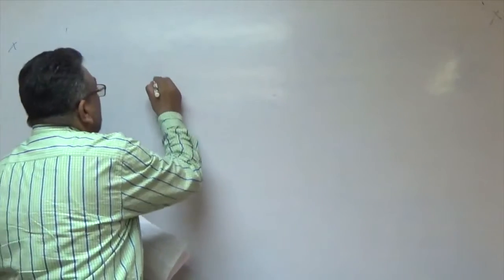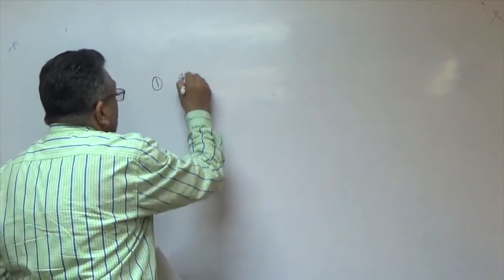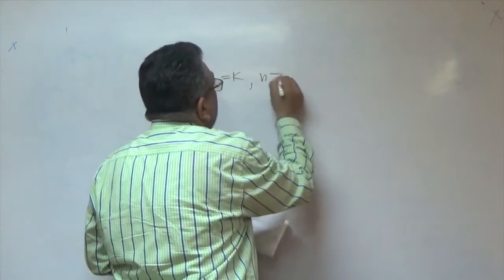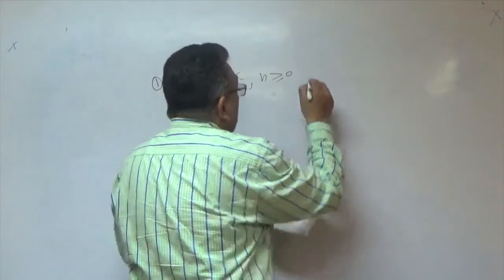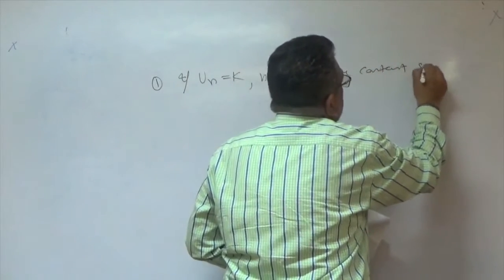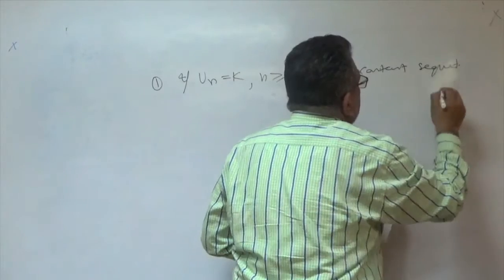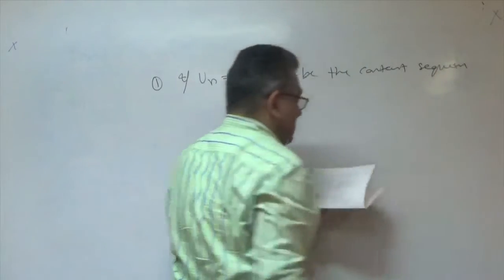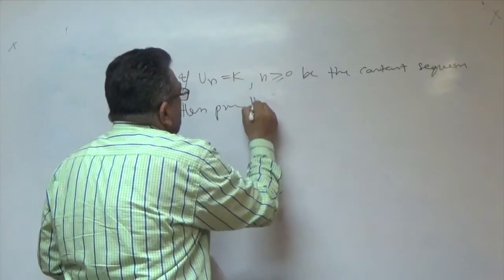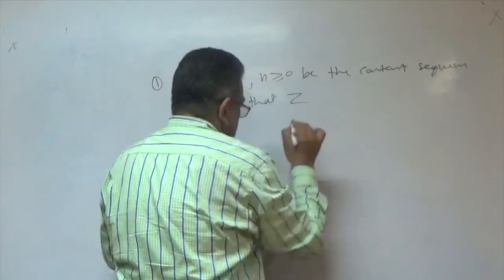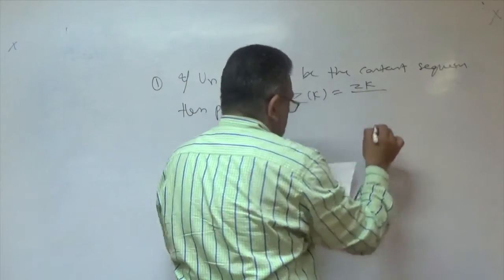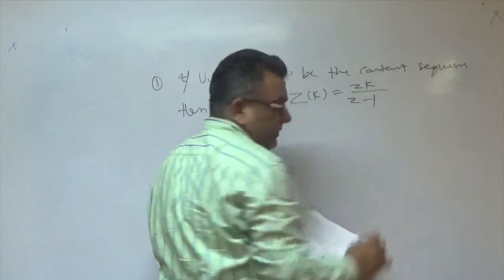First, I take the example: if u_n equal to k, where n is greater than or equal to 0, be the constant sequence, because k is a constant, right? Then you prove that the Z transform of k equals zk upon z minus 1.